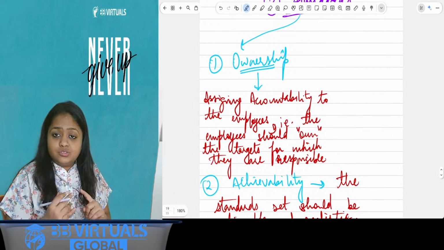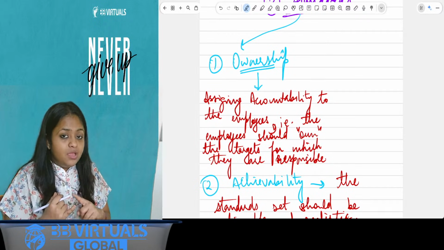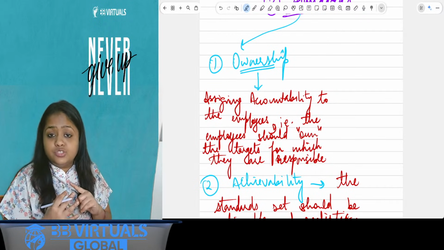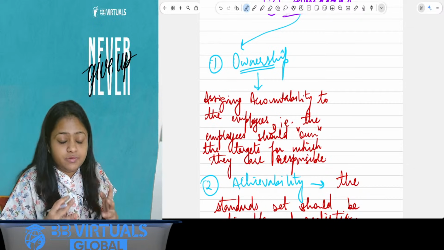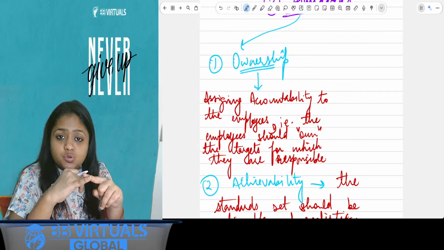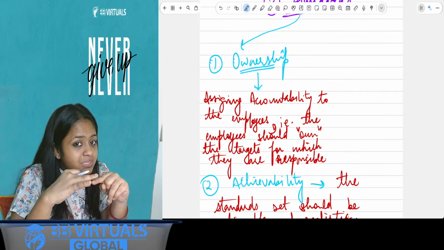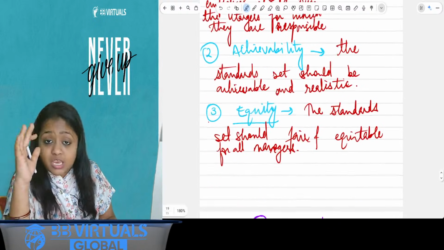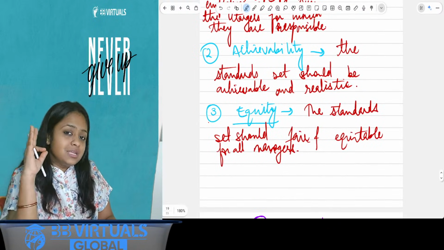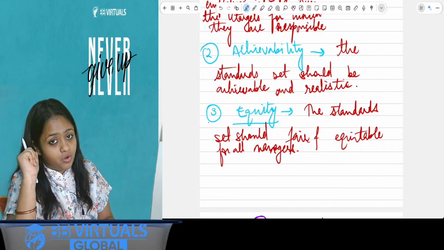So ownership has to be there, achievability has to be there, and they should be equitable. These are the three parameters in your second block.